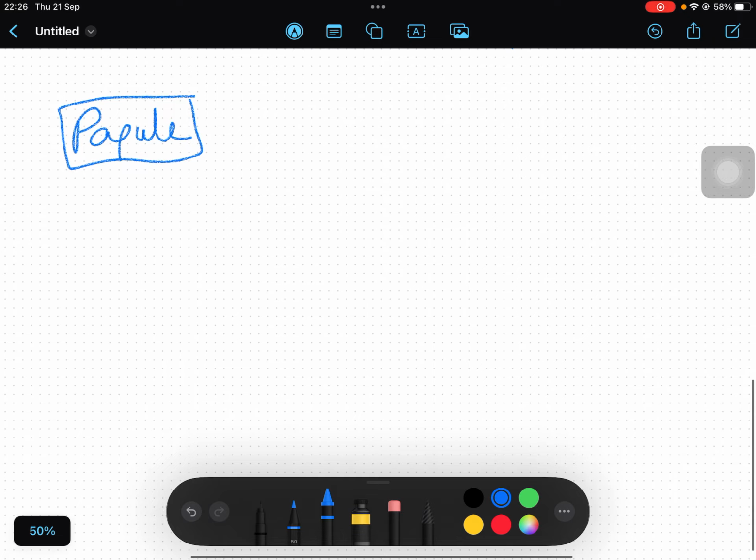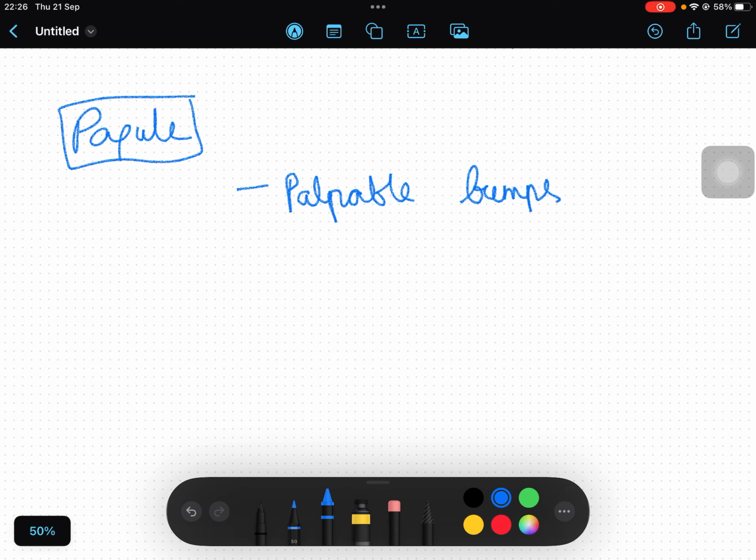So papules are palpable lesions. Okay, palpable bumps. In case of macule, they were a change in color, they were non-palpable, but papules are palpable. They are solid, elevated lesions.